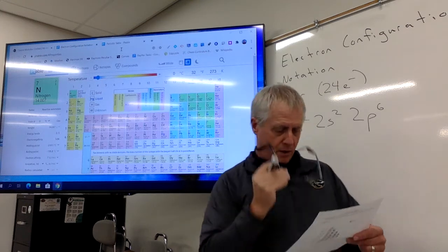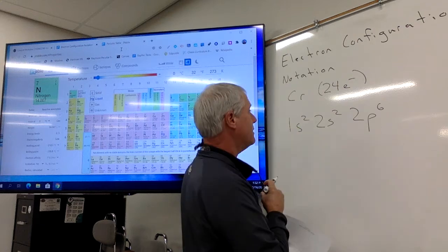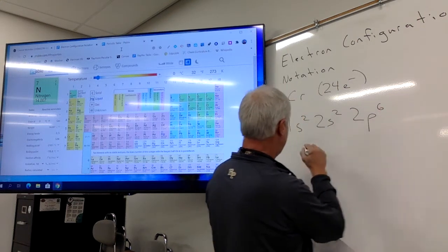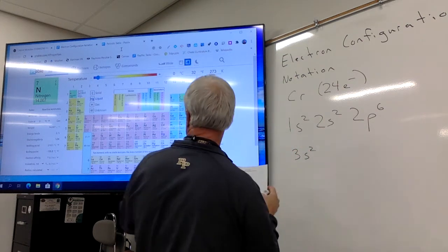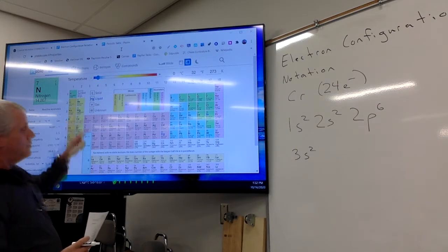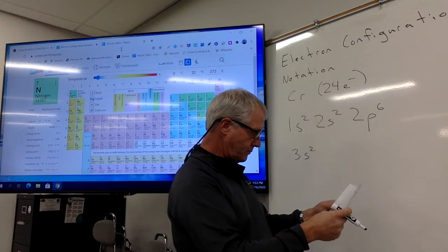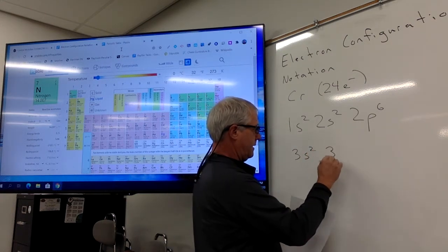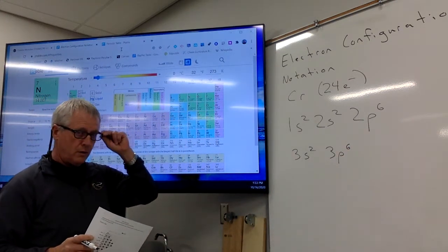Now we'll continue. What we would do is now go to 3s2. I might be going off the board here, so I'm going to come down here. So 3s2, and that brings us to right here, 3s2, 1 and 2. But we're going for 24. So we then have the 3p6, which just means that all of these right here are full.